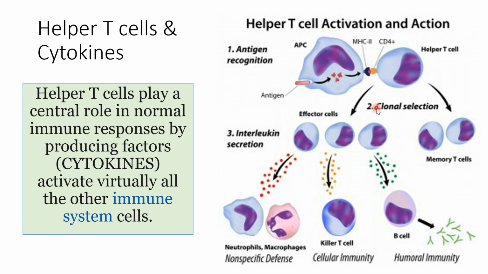And the helper T cell does some amazing things. It virtually stimulates and activates every other immune system cell. So your T cell goes out and sends signals so all of your immune cells know, hey, we've got something going on in the body. We've got to all get ready to go.